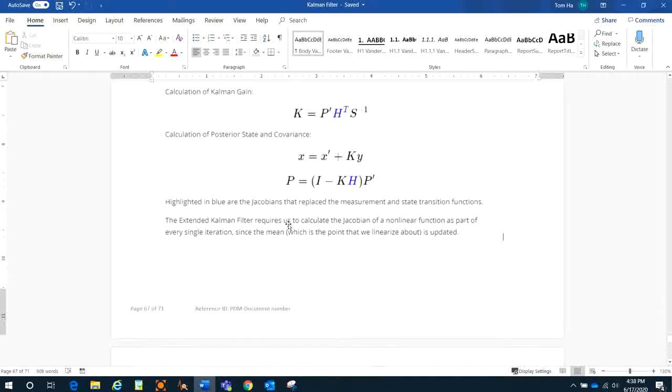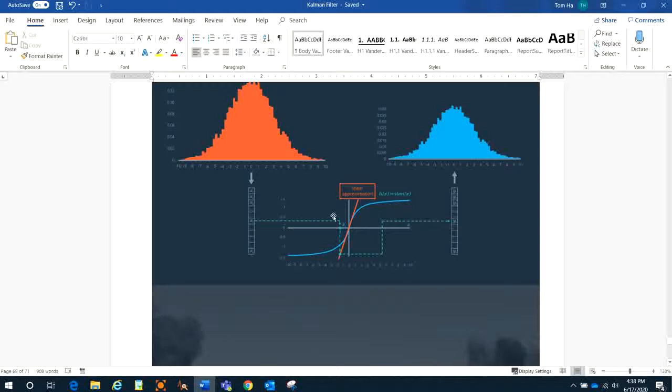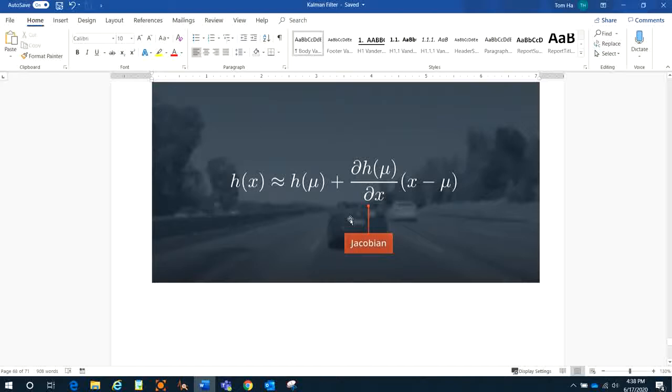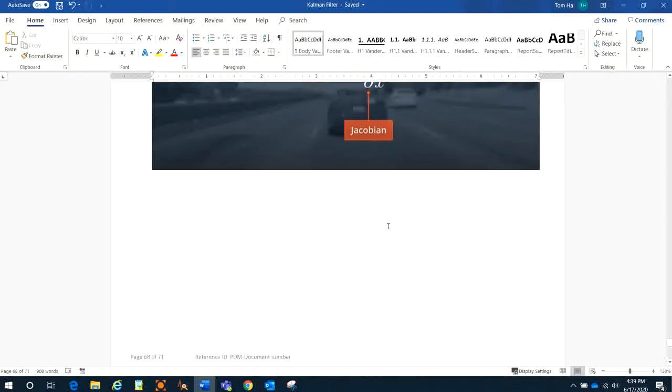When we apply the linear approximation for the measurement function, the result is Gaussian right here. You see the input Gaussian and the output Gaussian. We use the linear approximation, the first order Taylor series, to help us do that. In the first order Taylor series, this part, the derivative of the measurement function with respect to x, we call the Jacobian.